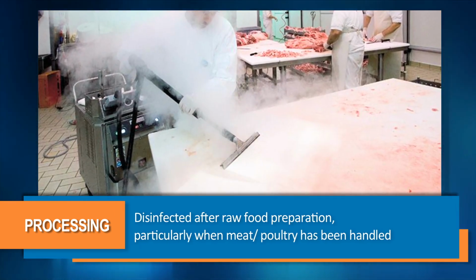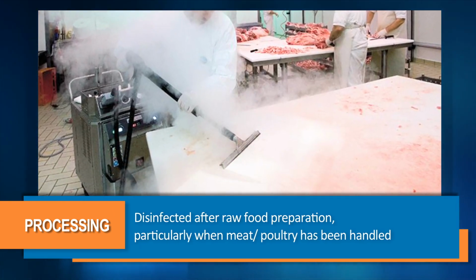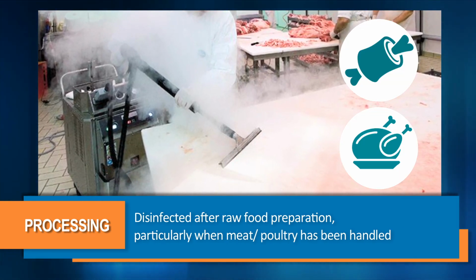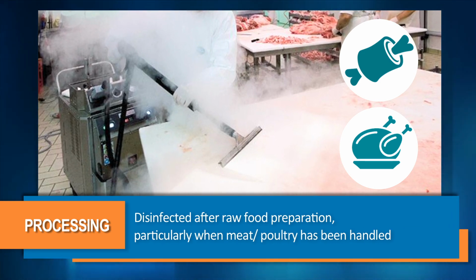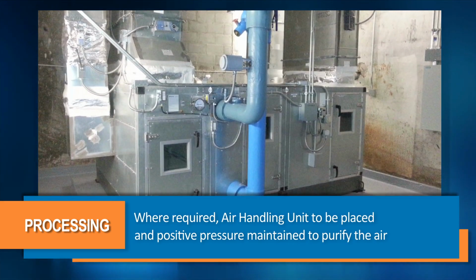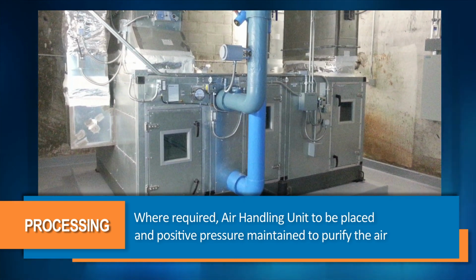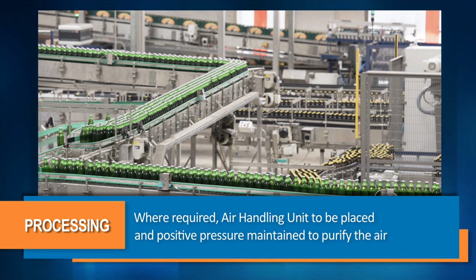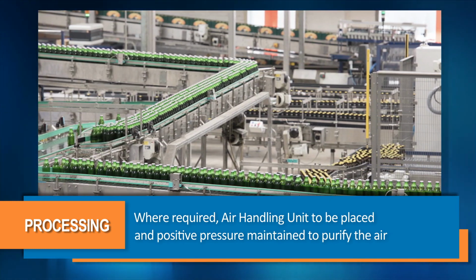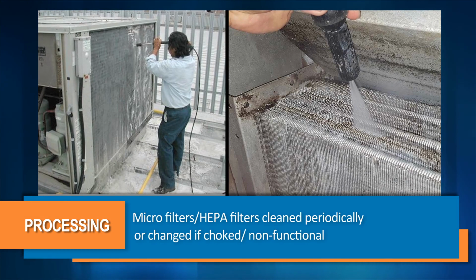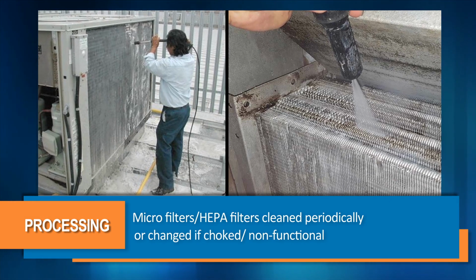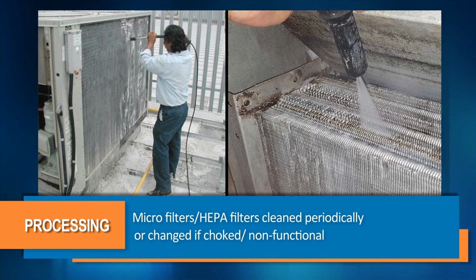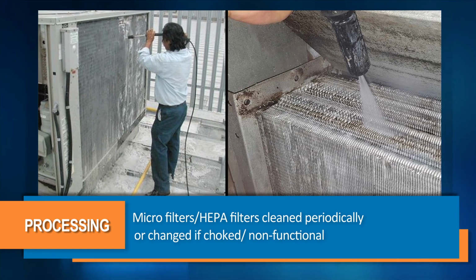Where necessary, they shall be disinfected after raw food preparation, particularly when meat and poultry has been handled or processed. Where required, air handling unit shall be placed and positive pressure shall be maintained to purify the air in the production hall. Microfilters and HEPA filters shall be cleaned periodically or changed if choked or non-functional.